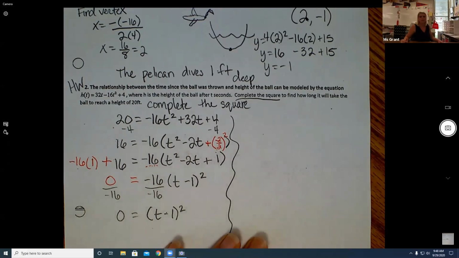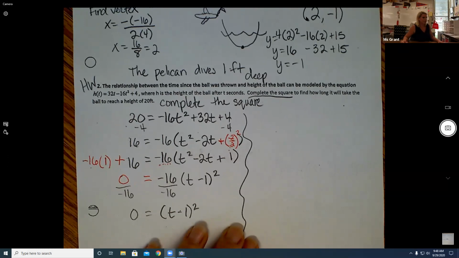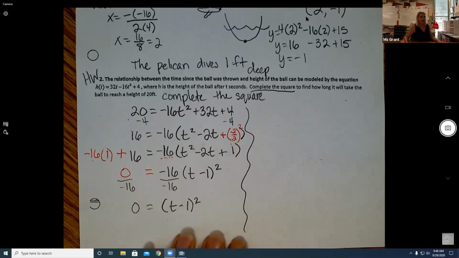No, this is the best method. Then you square root both sides.